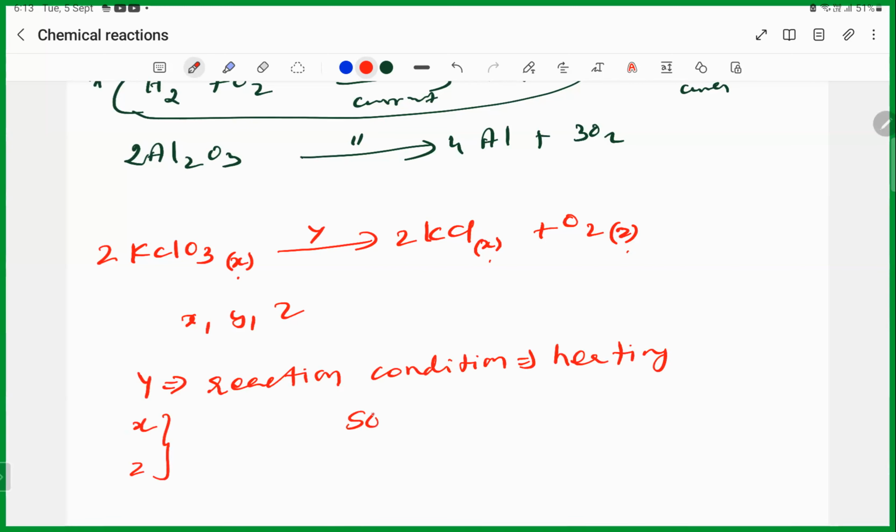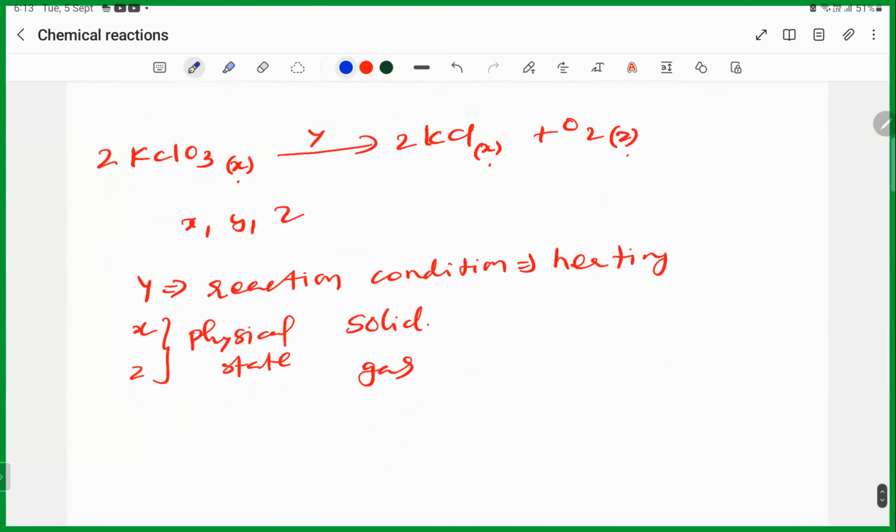Solid. Z is gas. So the physical state. So now you tell me the correct equation. 2KClO3 solid, when you are heating, it will give 2KCl solid plus O2 gas. இதுதான் அப்படி கேட்டிருக்காங்க.